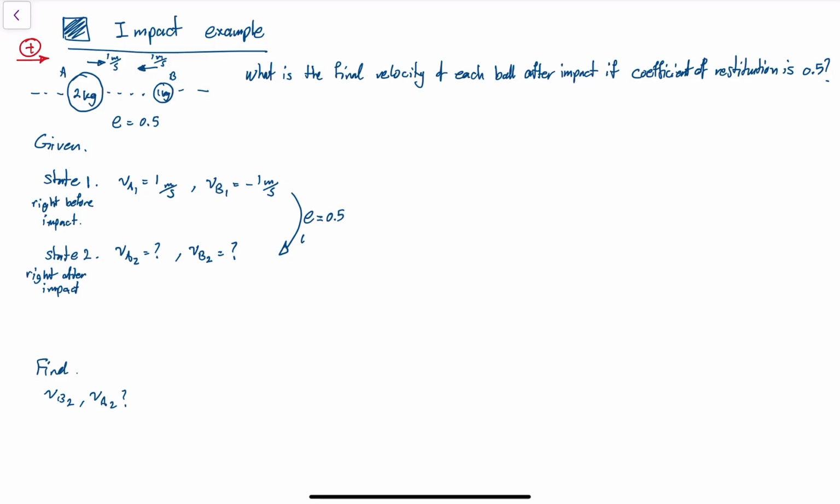So from here, linear momentum is also conserved. And so these two pieces of information are likely what you need to go from known initial velocities to unknown final velocities. So, solution.